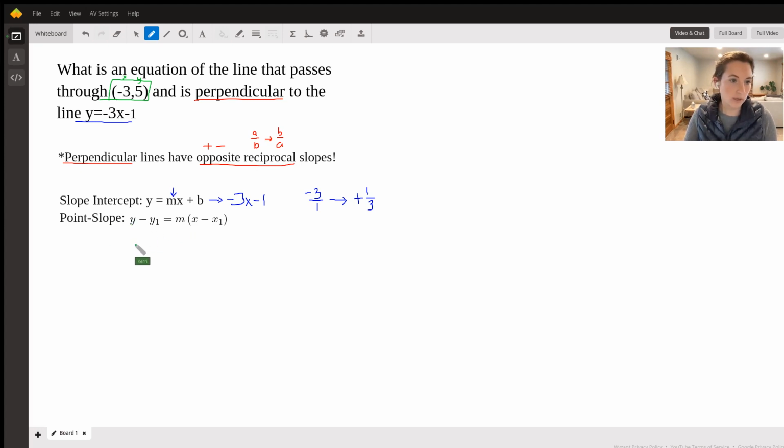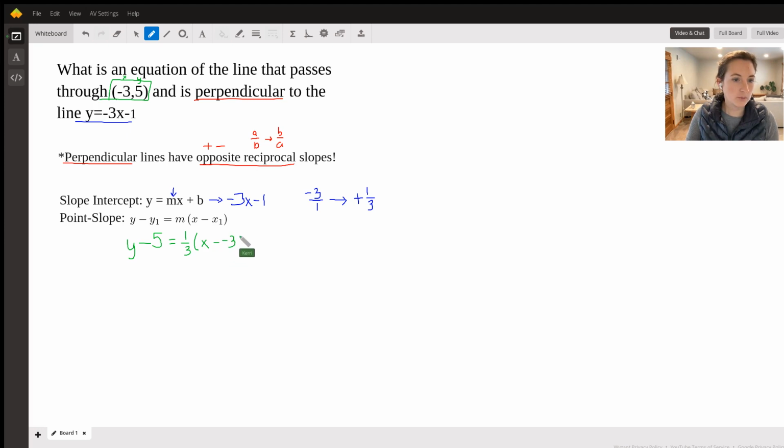So what you could do is basically here plug in your y value from your point, which is the 5. Plug in the slope that you know, which is now the 1/3 that we came up with in the last step. And then plug in the x value that you know for x1, which is -3.